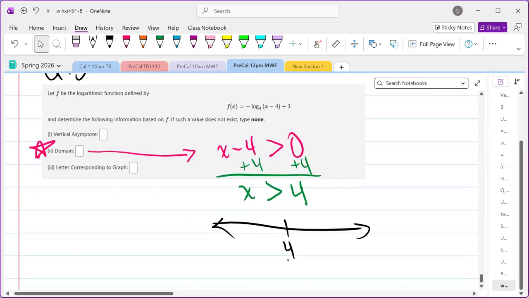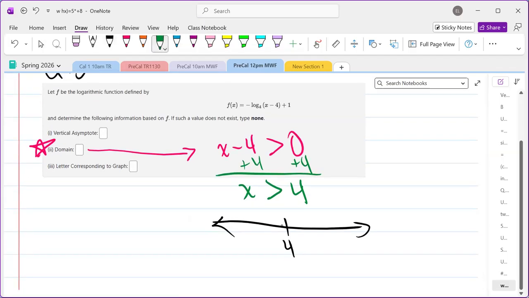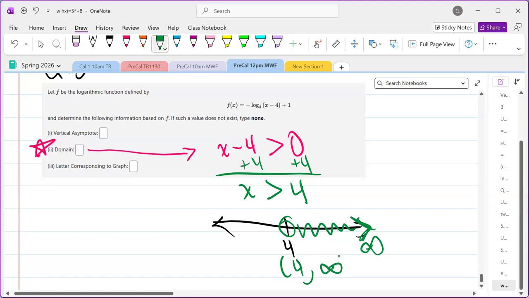And I do my number line. Greater than 4 is everything to the right, all the way up to positive infinity. And it gets an open circle because we don't have an equal bar. So our interval notation would be from 4 to infinity with parentheses everywhere.